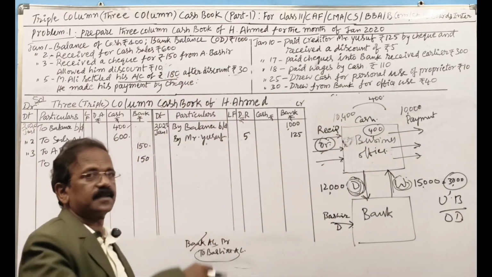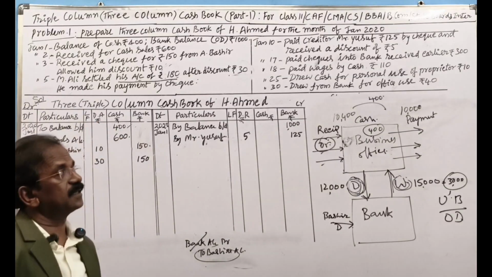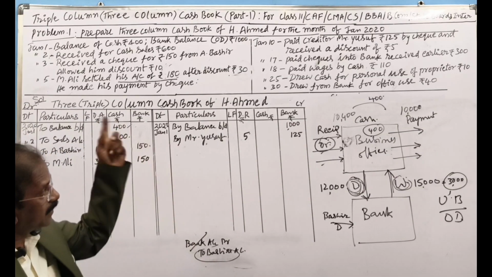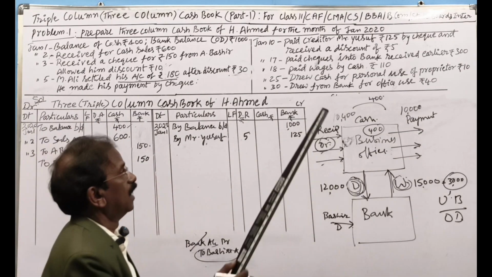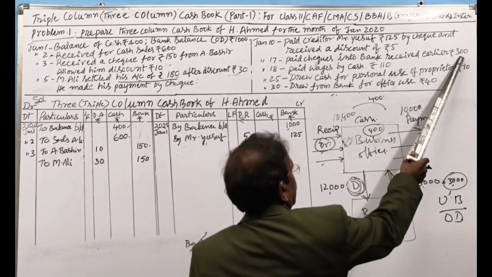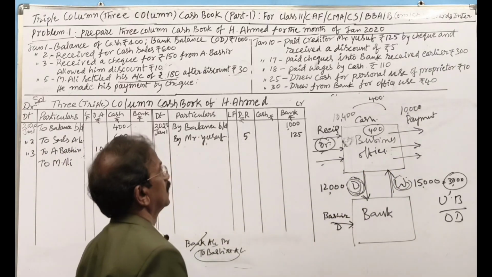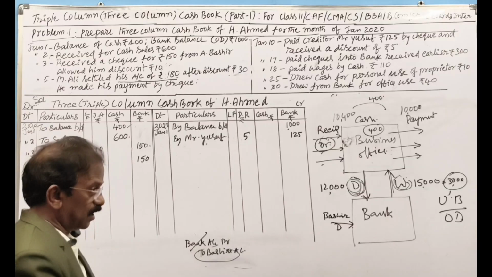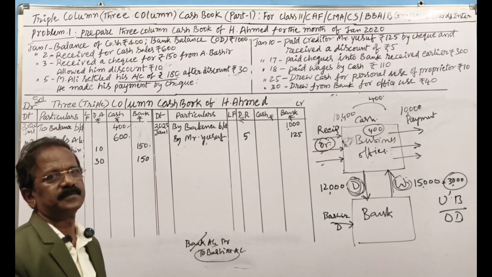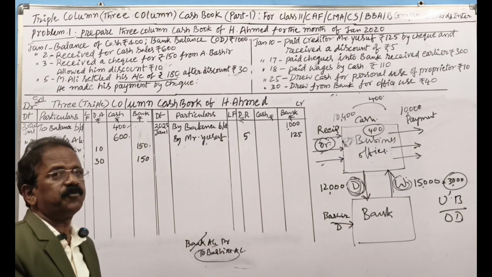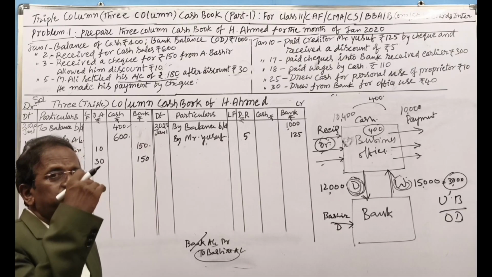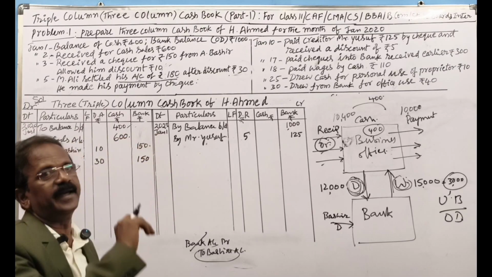Next, 17th, paid checks into bank received earlier. Earlier means last month. Last month, we might have received some checks. Those are 300 rupees worth. Those checks are now paid into bank. It means we might have forgotten to deposit those checks into the bank on that day.